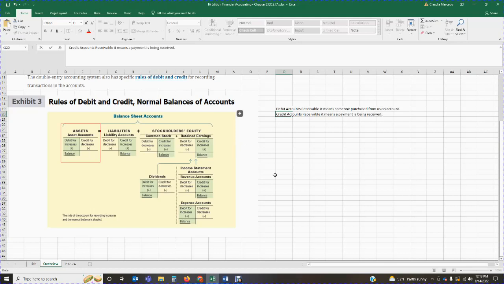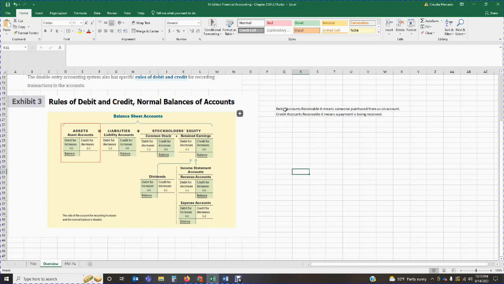So with accounts receivable, two things happen. People buy from us on account, so we debit accounts receivable. That means that we are recognizing that someone owes us money. Someone purchased from us on account and we need to record that transaction. So accounts receivable is going to get debited.